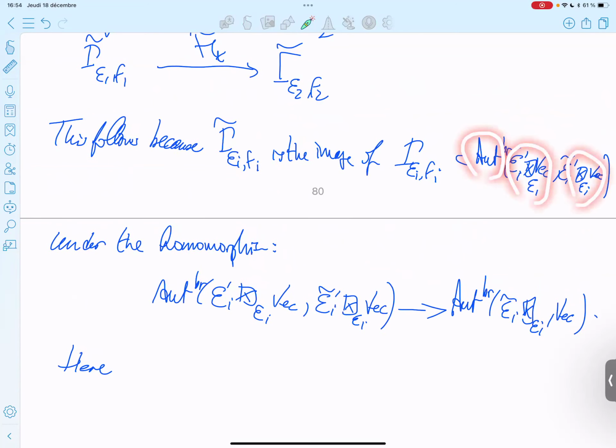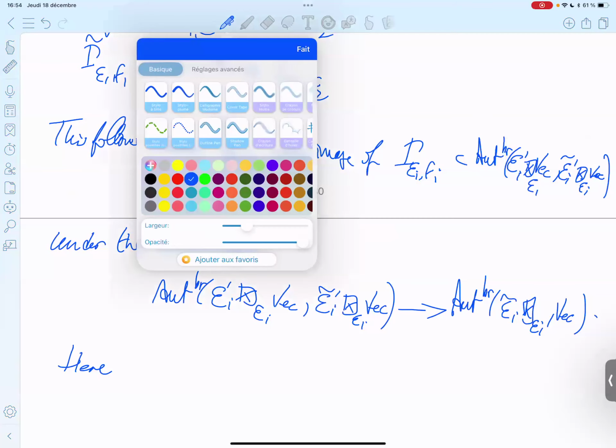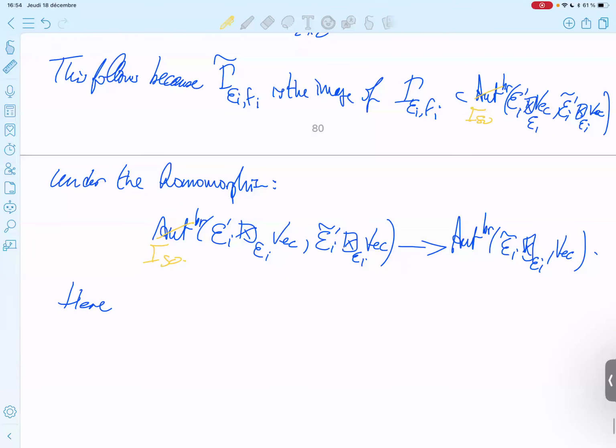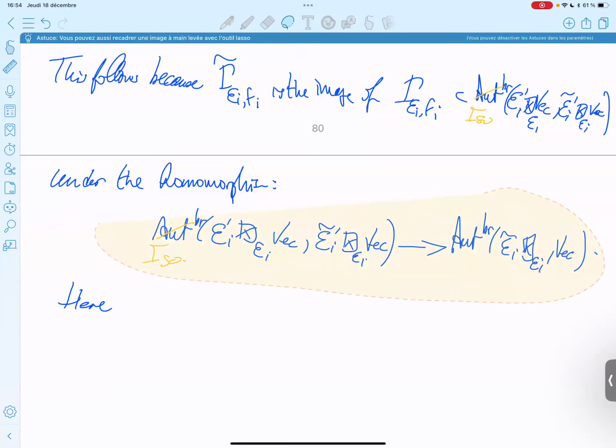It should be isomorphism. That should be isomorphism, I guess. Automorphism means the same thing, but we are not in the same thing. So this is the first typo, I guess. And this, yeah, it's confusing.